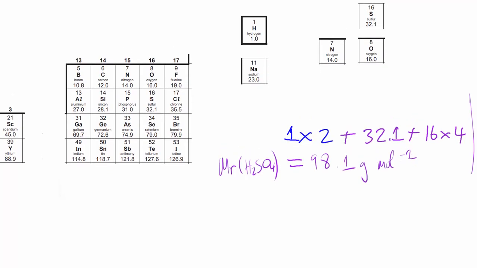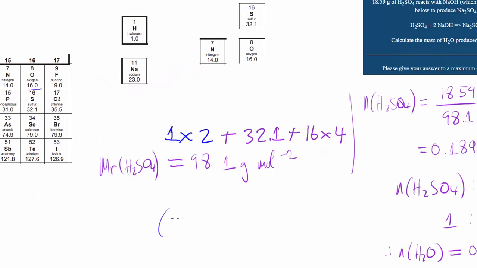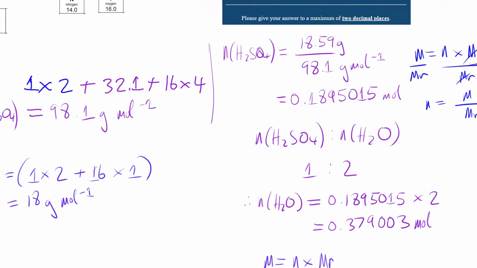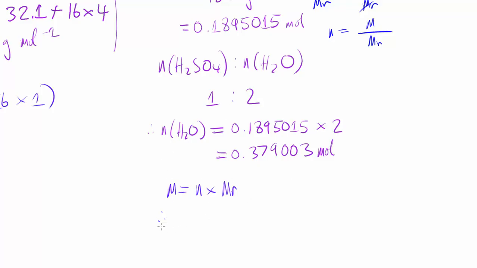H is 1 and O is 16, so that's 1 times 2 for the hydrogen, plus 16 times 1. This gives us 18, so the Mr of H₂O equals 18 grams per mole.